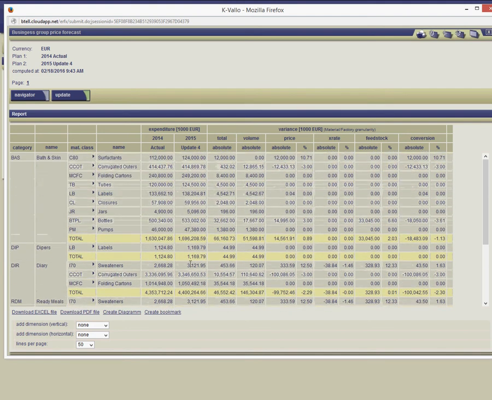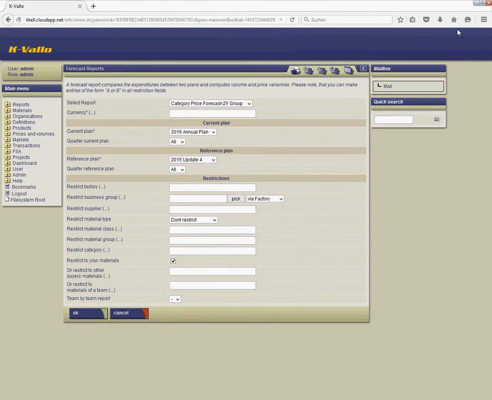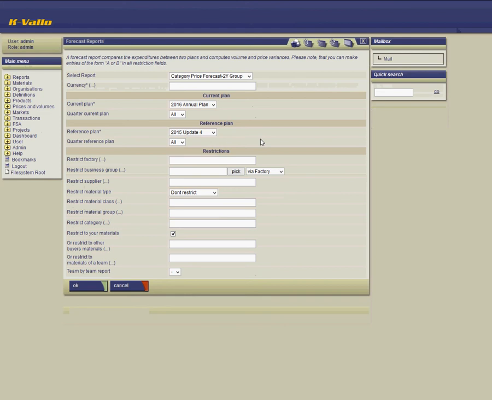The last thing I want to show you now is making business planning using a price formula. You remember we have K-Vallo, we have the price formulas, and the first thing we do is copy a price formula to a planning period.